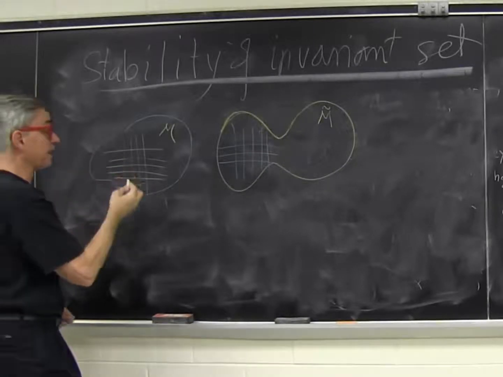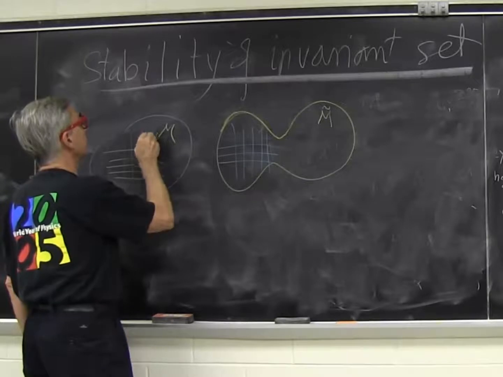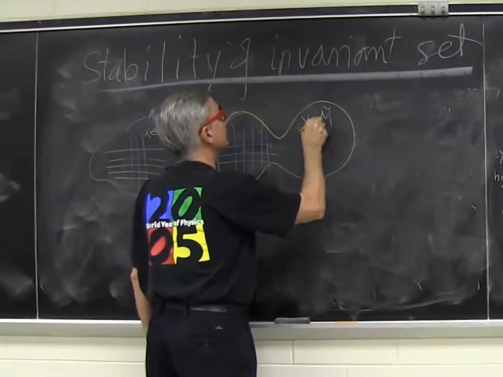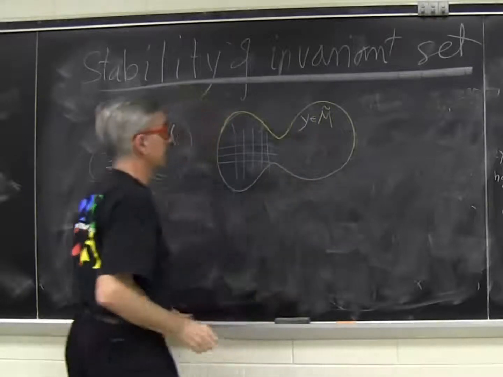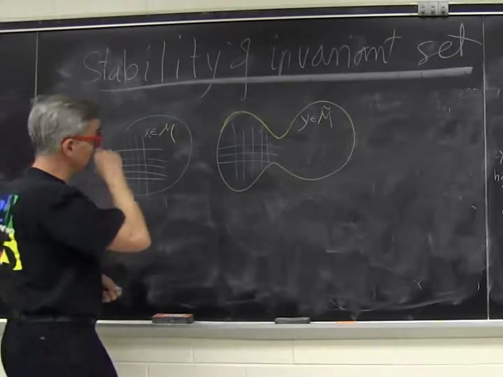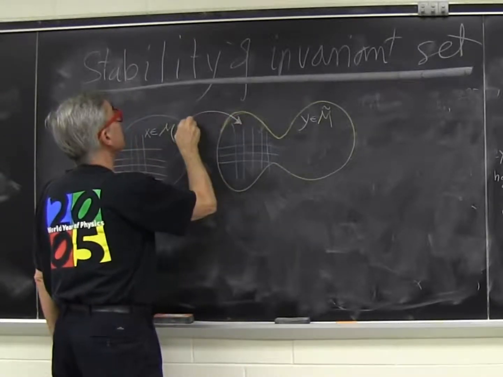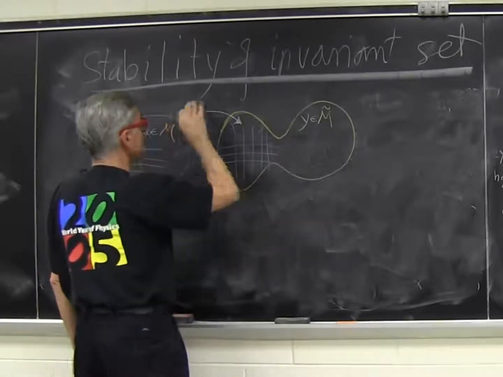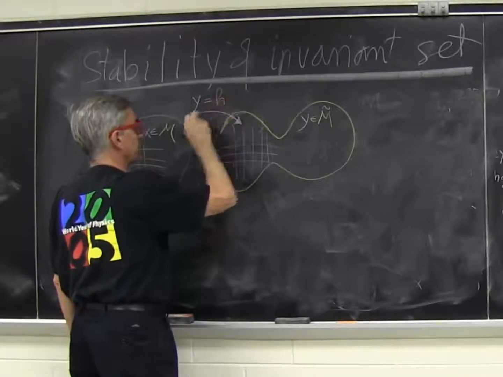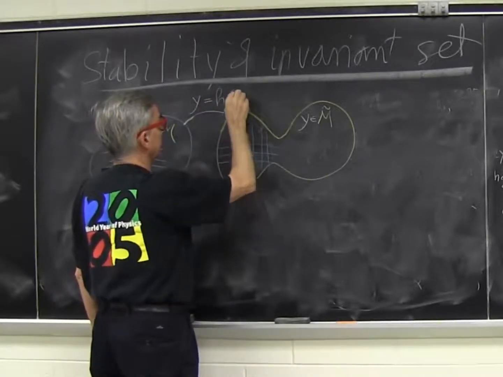Then if these are the same dynamical space, and my point here is in M and your point is in the redefined system, then there is a mapping that tells me how I change these coordinates. It tells me that y is, now this is a vector, this is a set of functions, h of x.